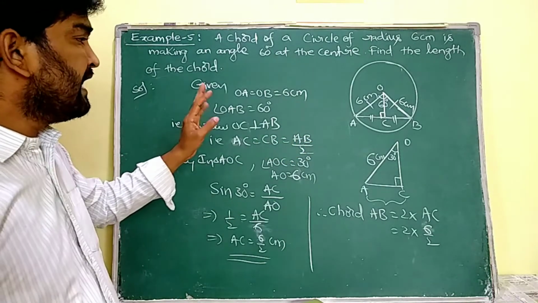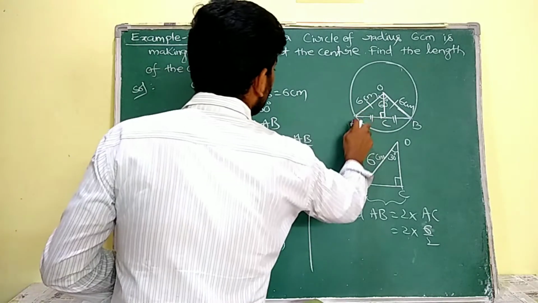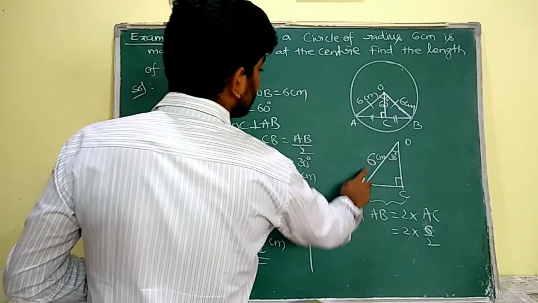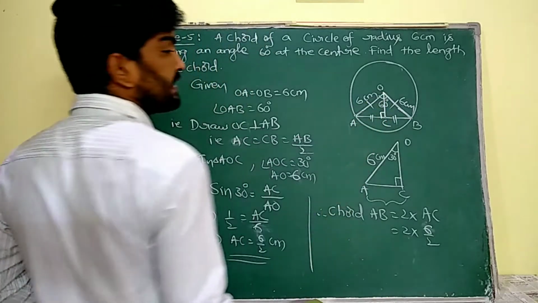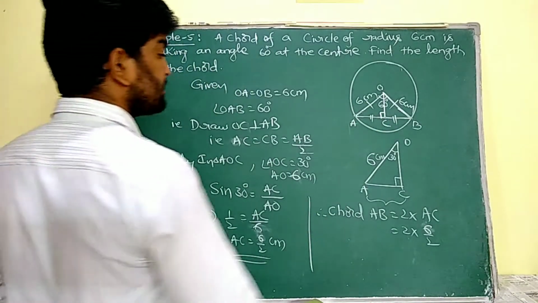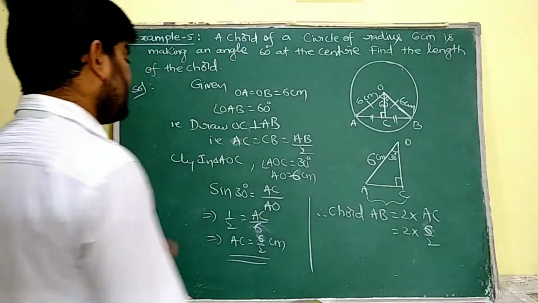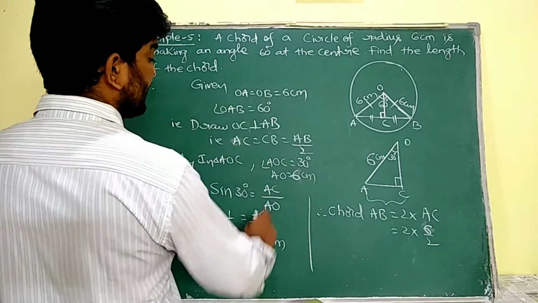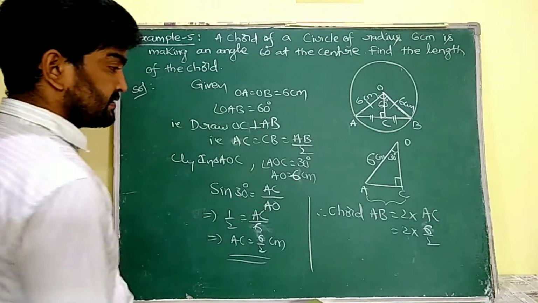Now just consider this small triangle AOC. Here AO is equal to 6 centimeters and the vertical angle is bisected now. That is why it is 30 degrees. In this triangle, angle AOC is equal to 30 degrees and AO is equal to 6 centimeters.